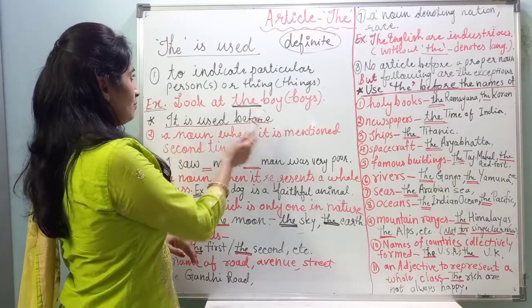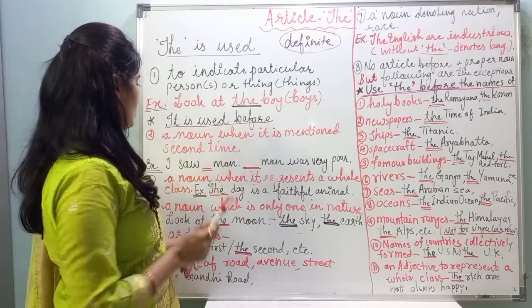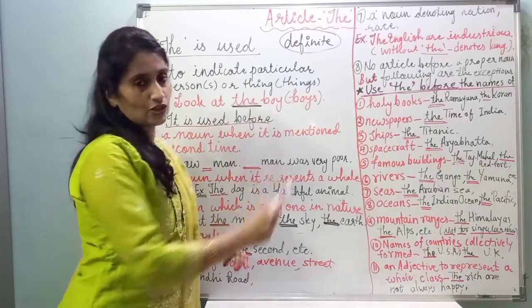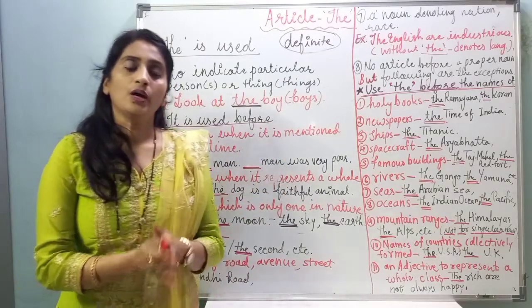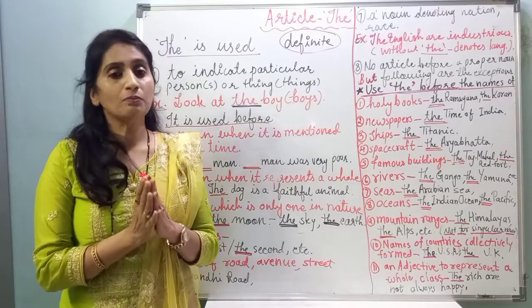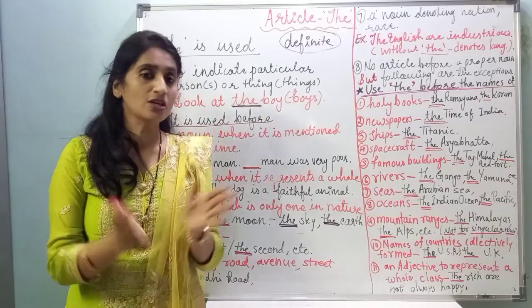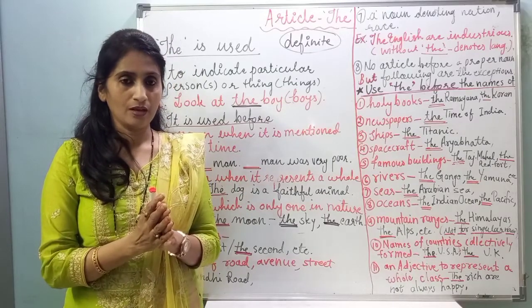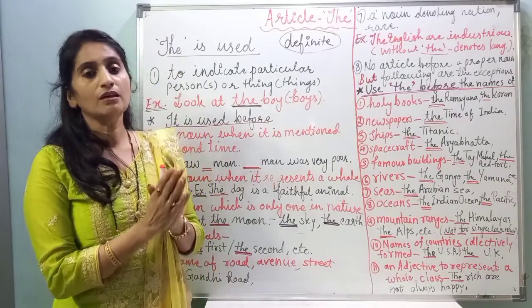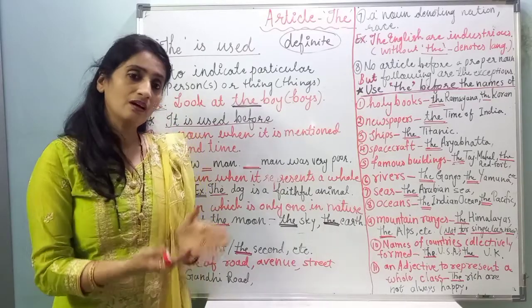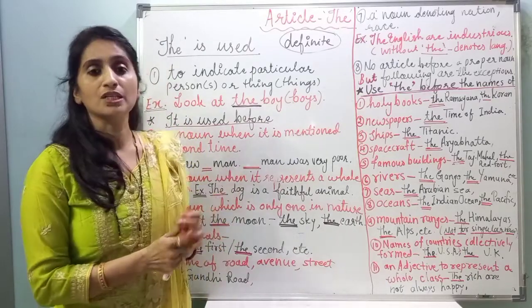The is used before a noun when it is mentioned second time. When a noun is used in the sentence first time, we make use of the article a. But when it is repeated, we have to make use of the article the.